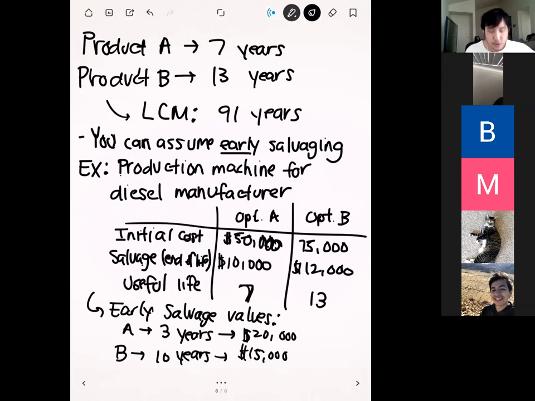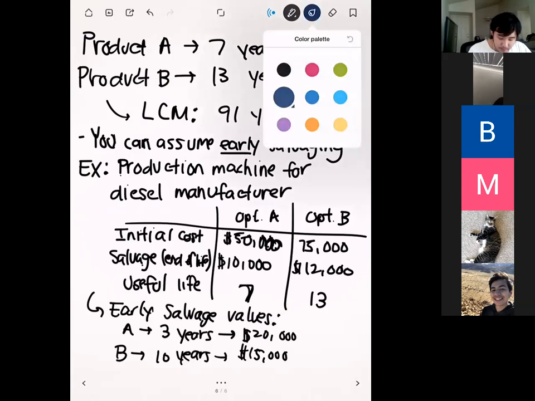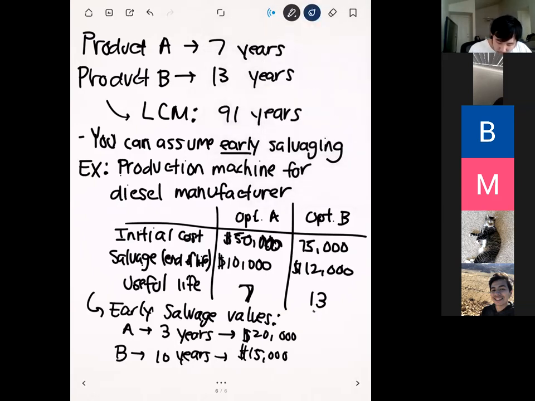Those are the early salvage values that are given to you. From these numbers, we can perform a present worth analysis with a horizon of 10 years.